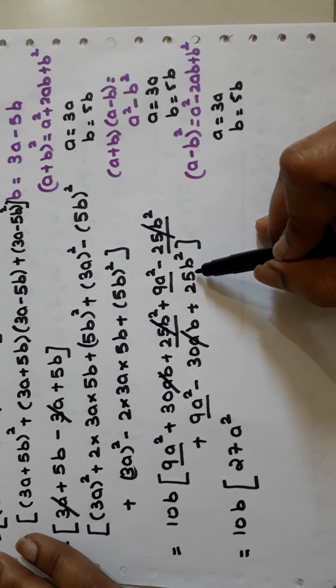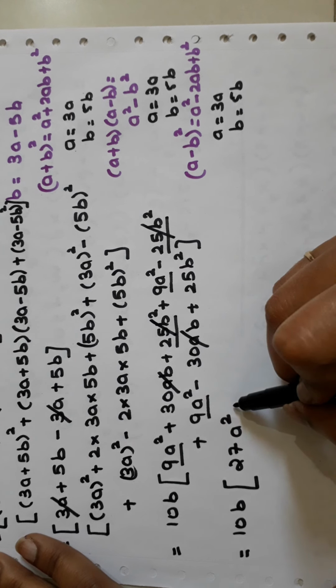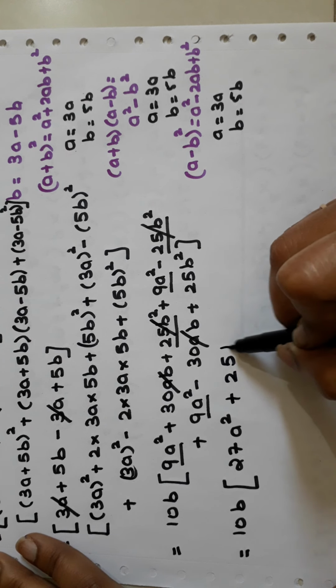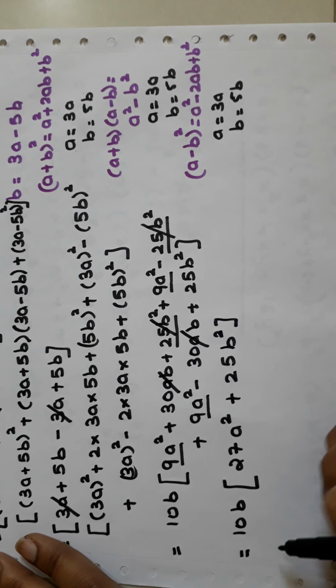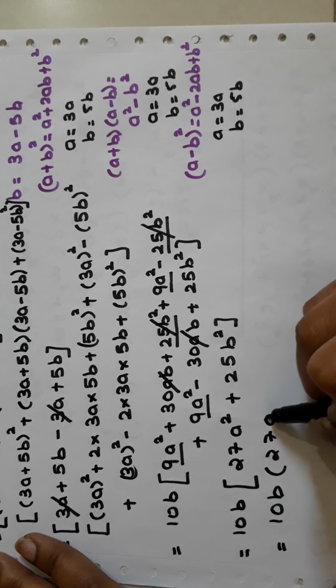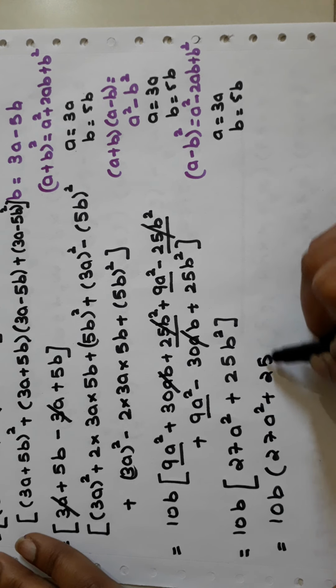The only term left is 25b square, and the sign of 25b square is plus. So this is the same as 10b into 27a square plus 25b square.